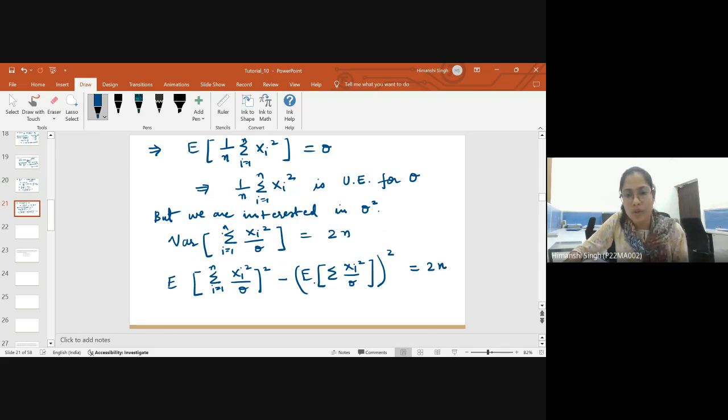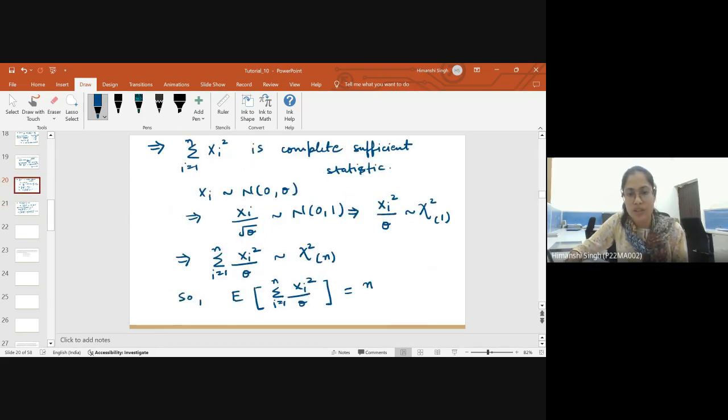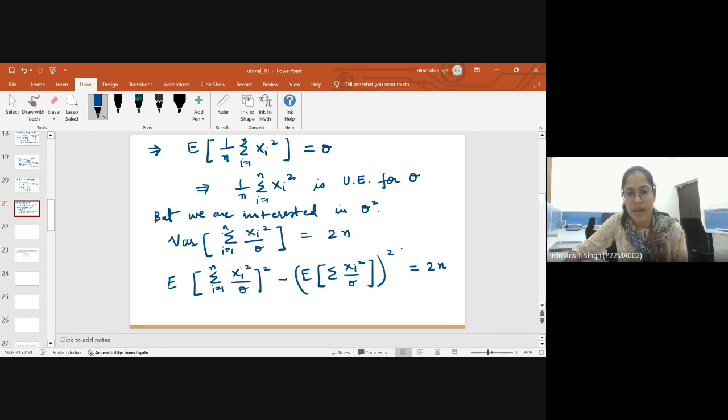Now we already know that the expected value of summation xi square by theta is n. So we'll put this value n here, so it will be n square. So this implies that the expected value of 1 upon theta square times (summation xi square) whole square is equal to 2n plus n square.